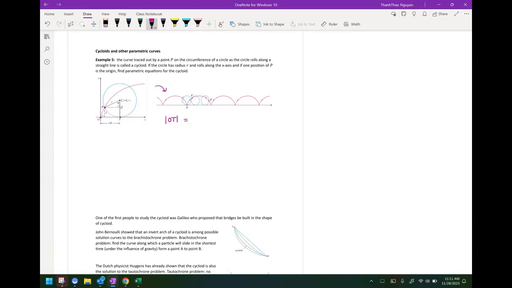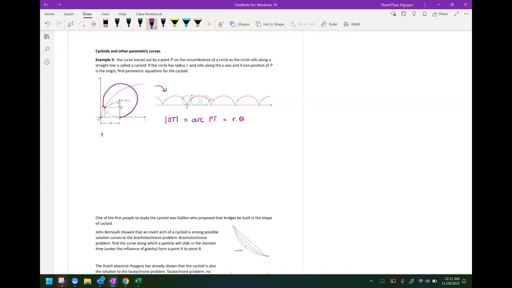When you roll, you get this arc PT, the length of that arc. And the length of an arc equals r times theta, where theta is in radians.